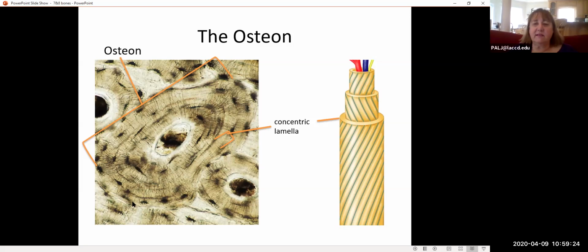But by pulling them up, we can see something else that's going on with these concentric lamellae. Look at these blue lines. If you notice, the blue lines of one lamella are perpendicular to the blue lines of the adjacent lamella, and they go back and forth this way. What these blue lines represent are the directions of the collagen fibers in this bony tissue, which are giving it strength.